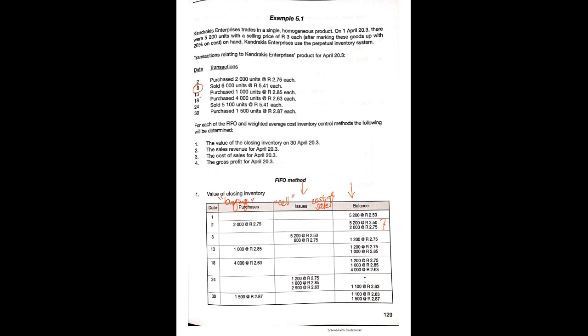So here you are going to look at, to make up the 6,000 units that will be sold, we need to know how we're going to make it up. So we have 5,200 units, and this is at a cost of 2 Rand 50 each. And then to make it up, we need 6,000, we have 5,200. So that would mean that we still need 800 units.